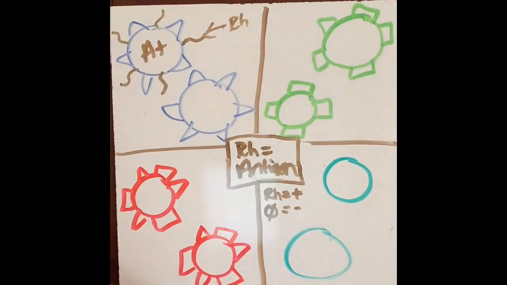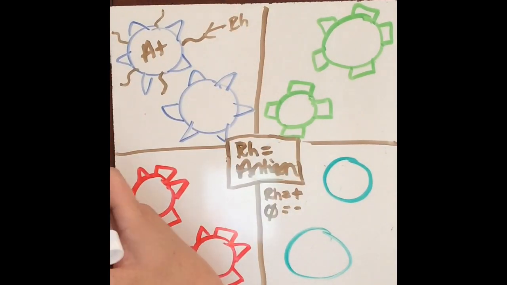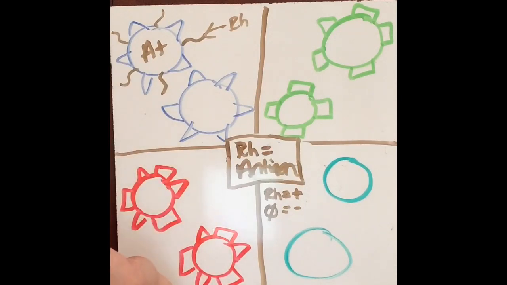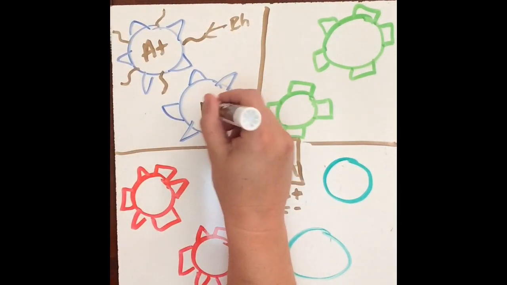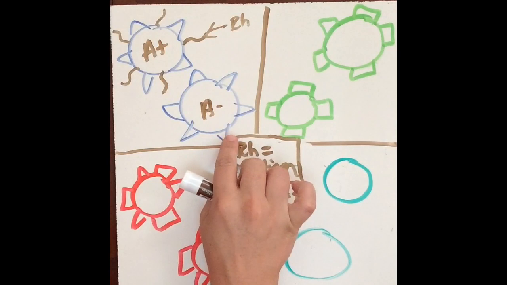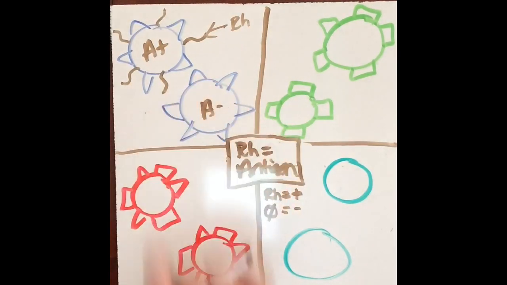We kind of just draw it as a squiggly line, but it's just another shape, so it's another protein on the outsides of your red blood cells. So an A positive person would have the Rh factor, and a negative person would just look like this. They would only have the A antigens. They would have no Rh antigens on the outsides of their cells.